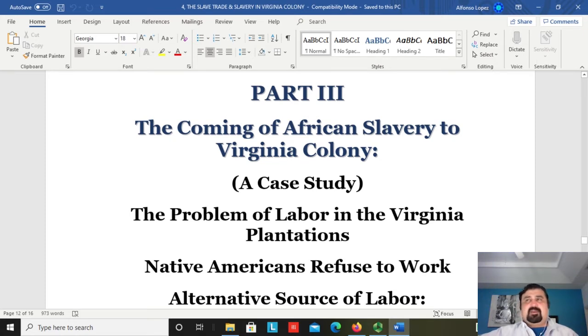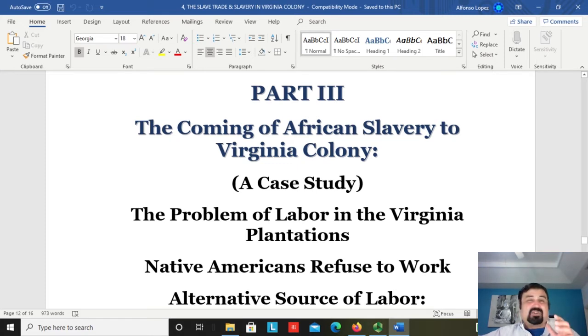colony. So again, even though this is not the only colony that adopted slavery, because there's also the Carolinas, of course, South Carolina, North Carolina, Georgia, that will adopt slavery as well. So Virginia is not the only one, but it was the forerunner.